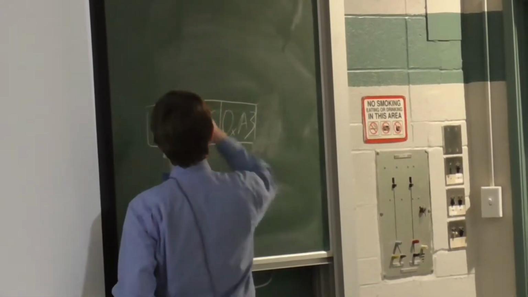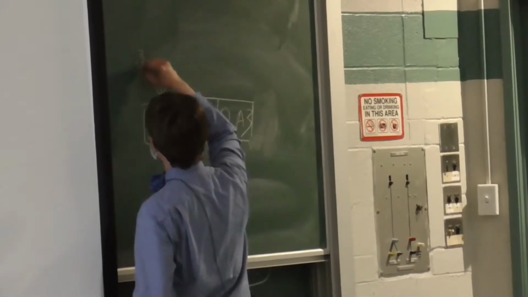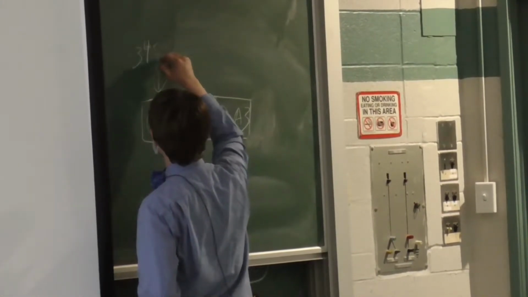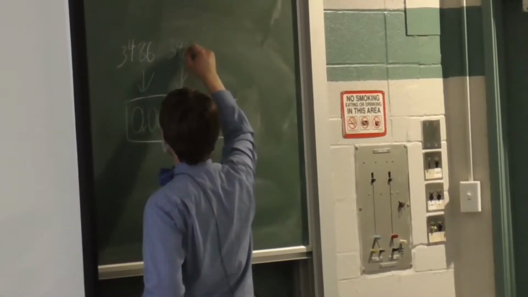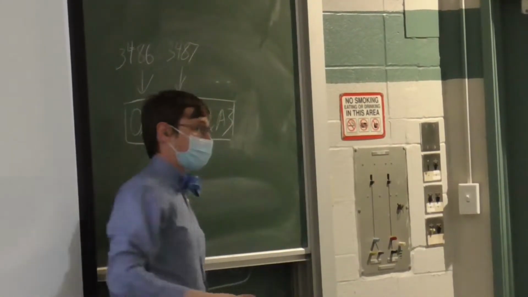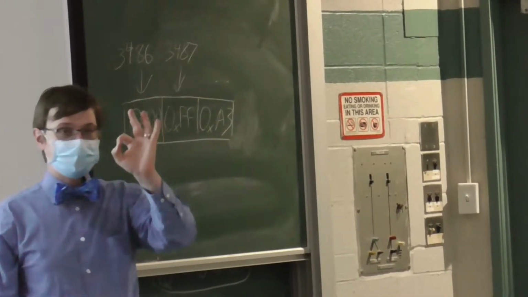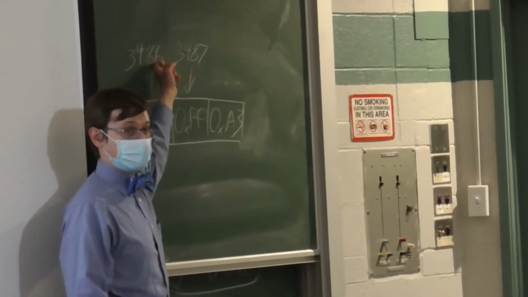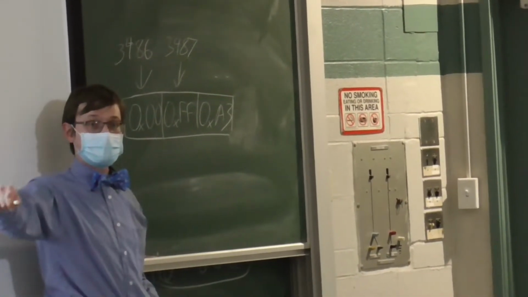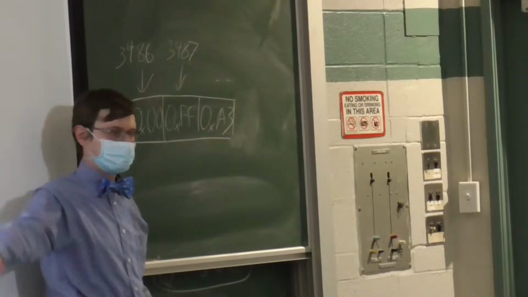So this one might be 3,486. This would be 3,487, etc. The file table indicates which regions of bytes by memory address correspond to which files.